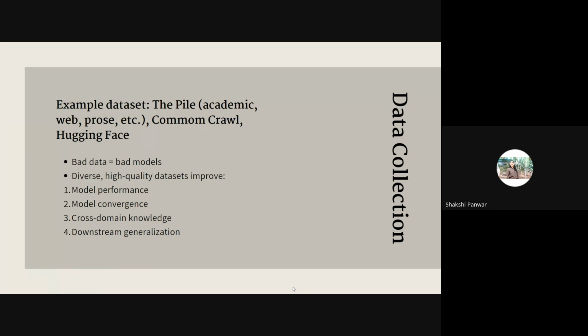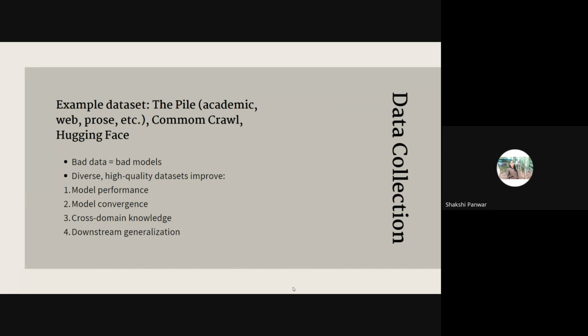There are some parameters, such as model performance. Quality data leads to better performing models, ensuring more accurate predictions and outputs. Efficient model convergence: high quality datasets facilitate faster convergence during model training, saving time and computational resources. Next, cross-domain knowledge: diverse datasets allow models to learn from various domains, expanding their understanding and adaptability across different contexts.